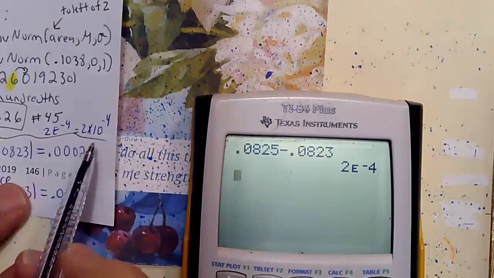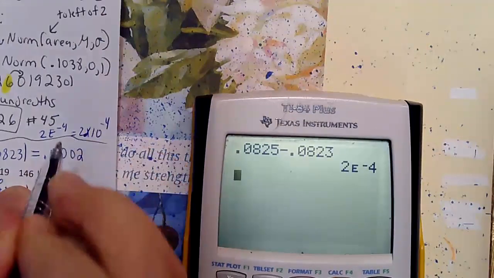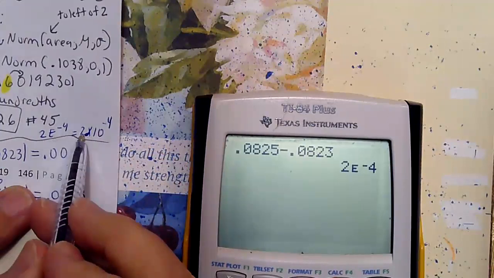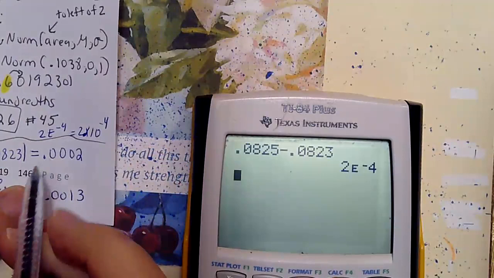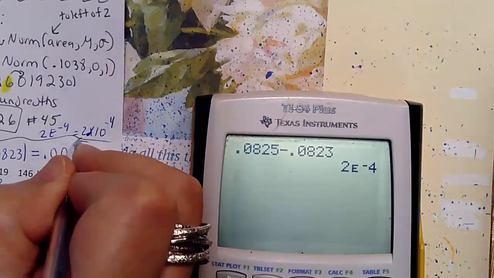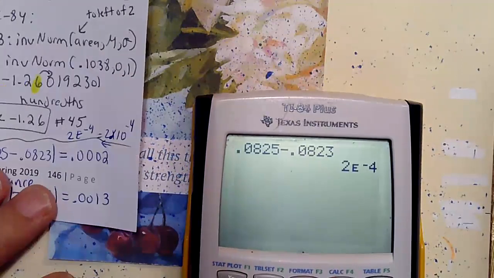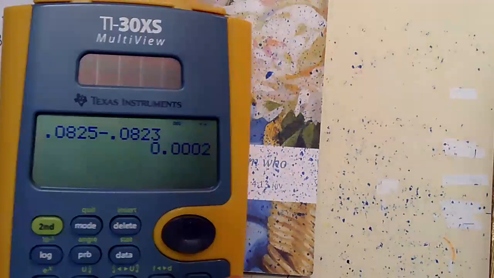That means your decimal is right here, and you want to move it to the left 4 times, and that counts as one move, and then you need 3 zeros. So you move back this way. Okay, and you get that, right? It is easier if you have a little basic scientific calculator. You can use 2 calculators for this test.